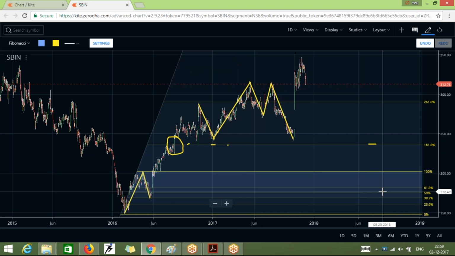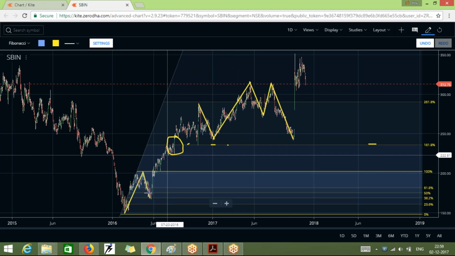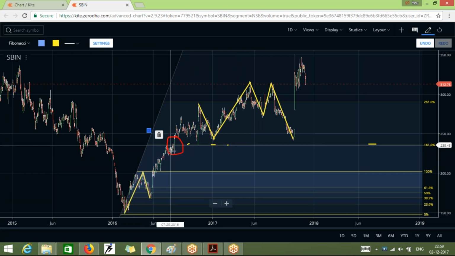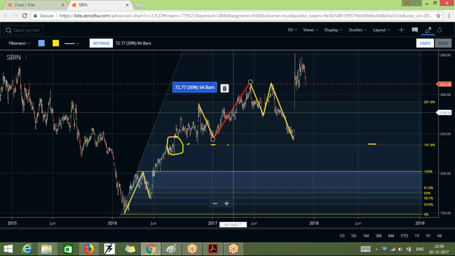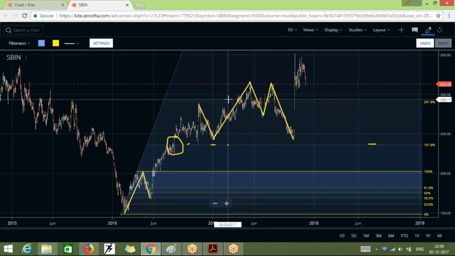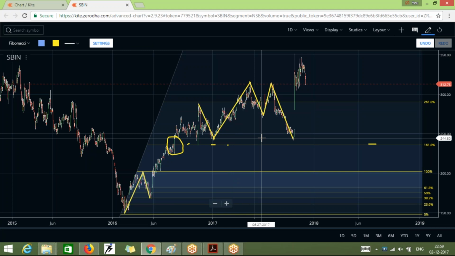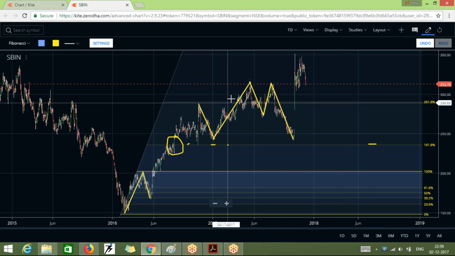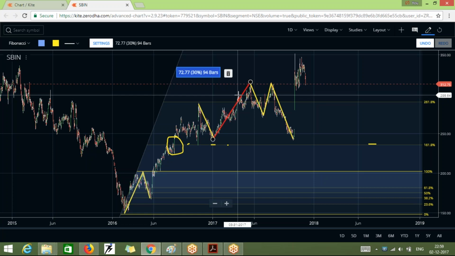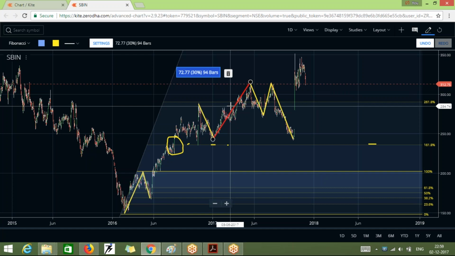From mathematical calculation you can see that this length was more than 80-85 points, and this length is also to that level. So if we take a price label of 70 points, suppose we take from 280, it will be 288.